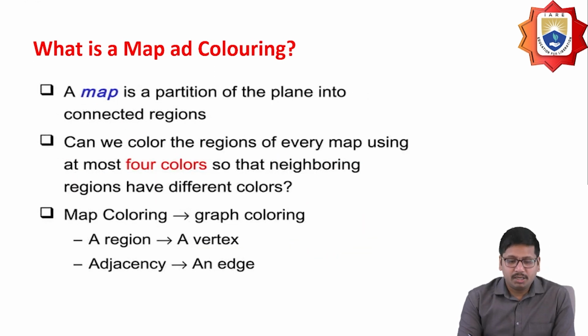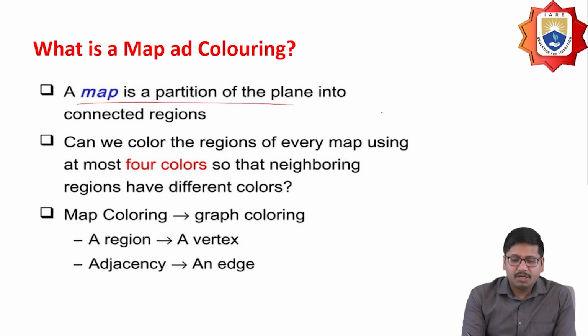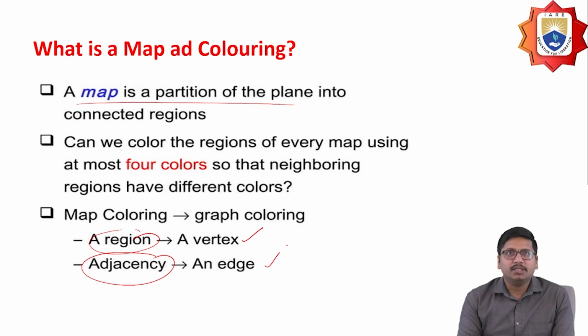So what is map coloring? A map is a partition of the plane into connected regions, and we can color the regions of every map using at most 4 colors, and map coloring is said to be graph coloring. So in graph coloring, the regions are considered as vertices, and adjacencies are considered as edges.